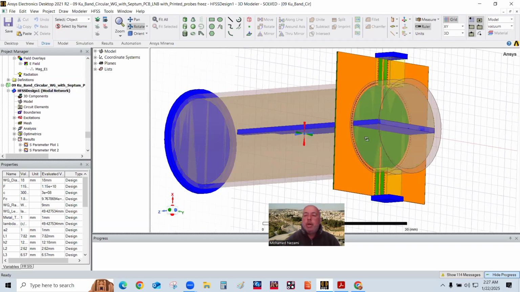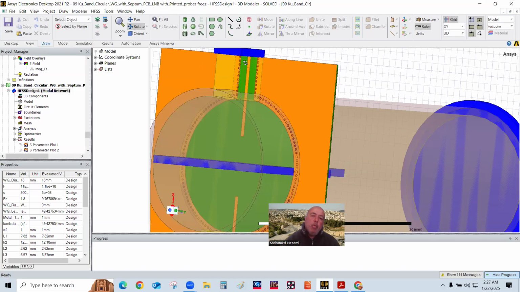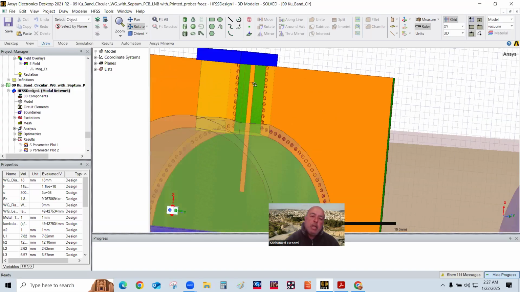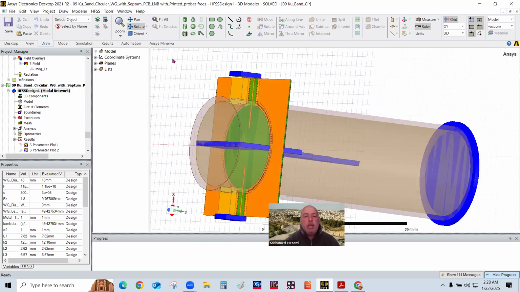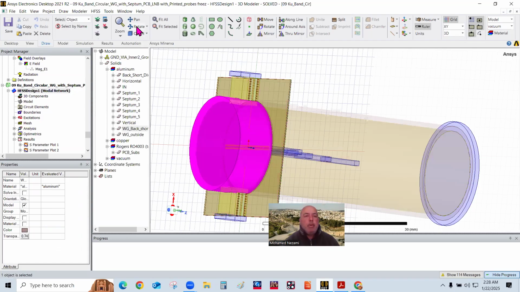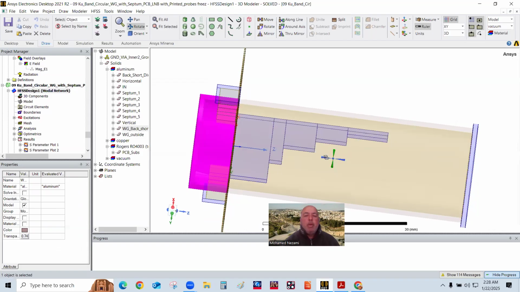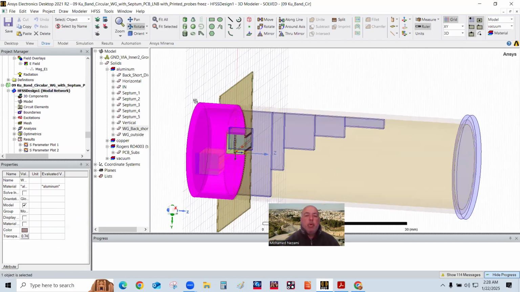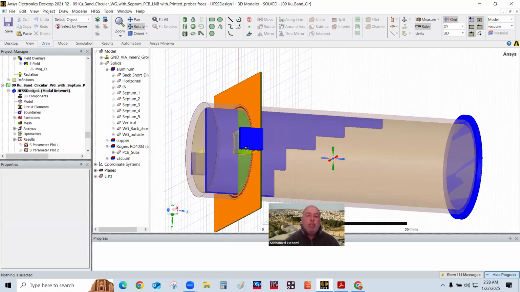This is Rogers 4003, the material, and I have an 18 mil width line, which feeds the signal. And here are the VIAs. And here is this cap. You can see that this cap is basically the quarter wavelength extended beyond the board that offers the back end short to the probes.